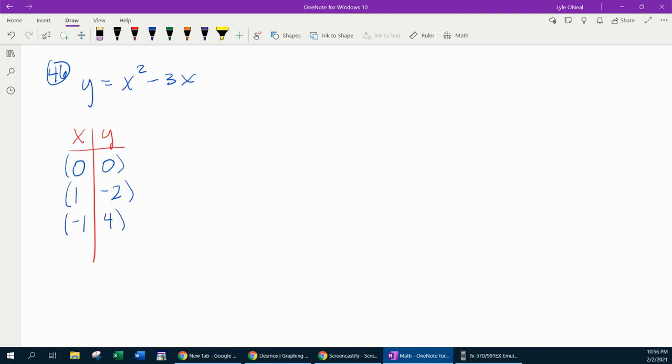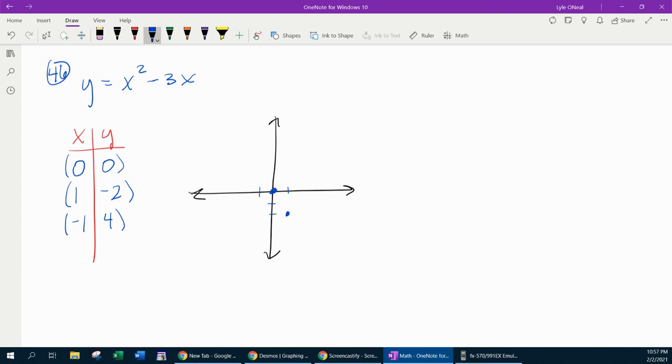And what I'm not going to do is just continue to randomly generate ordered pairs. What I want to do is do about 3 points and then go to the coordinate system and see how much of the parabola I can see. So we're going through the origin, 0, 0. If I go over to 1, I'm down at negative 2.